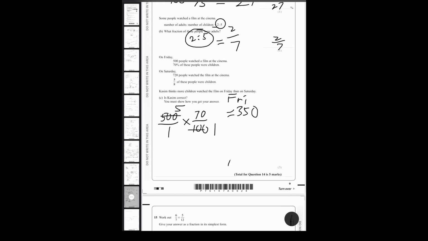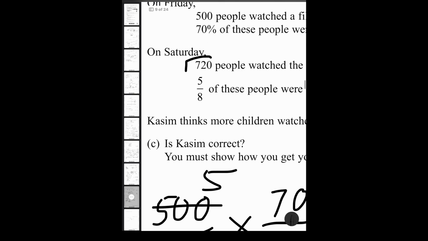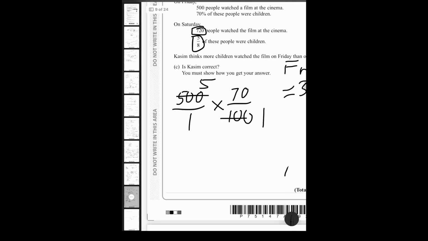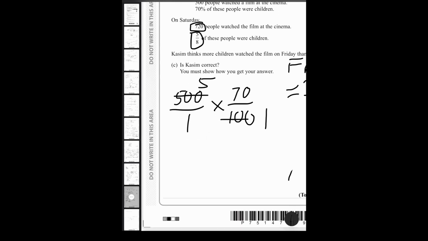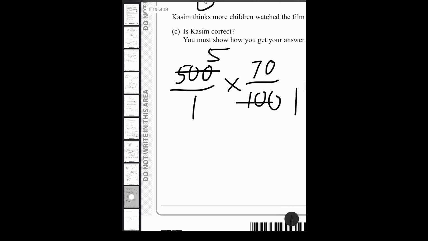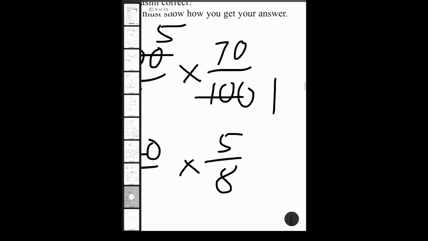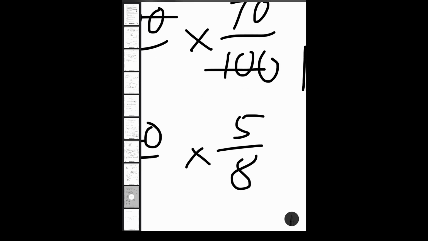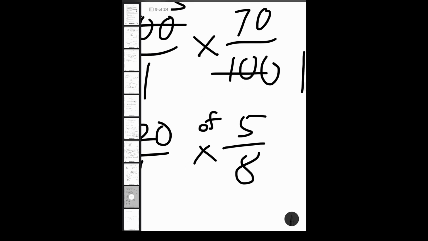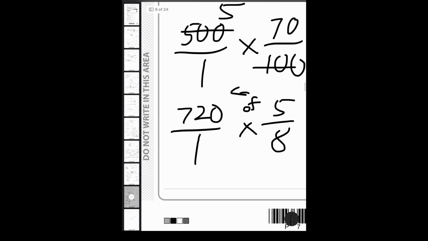On Saturday, 720, 5 over 8. It even gives you the fraction, right? So 720, literally do the same thing, times 5 over 8. Because this means it's 5 over 8 of 720.